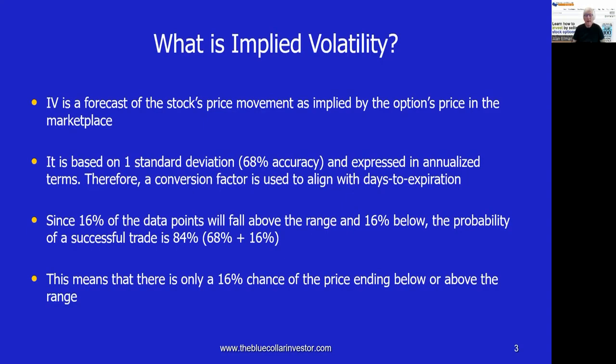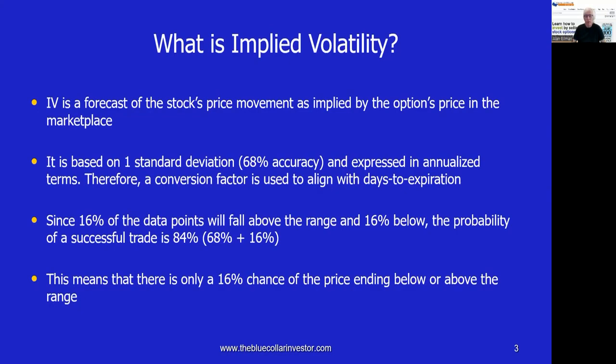Now, the second thing is that these IV stats are typically expressed in annualized terms. So for example, if a stock is said to have a 35% implied volatility, that means that it's expected to move up or down 35% over the course of the next 1 year. And if we're trading a monthly option, that does not mean that over the next month, the security is expected to move up or down by 35%.